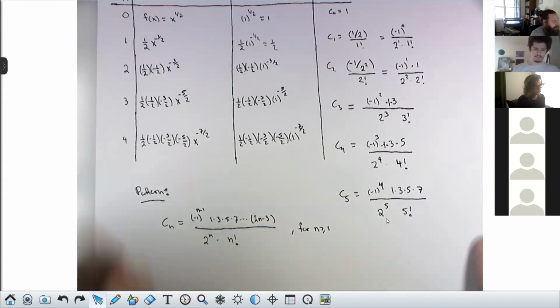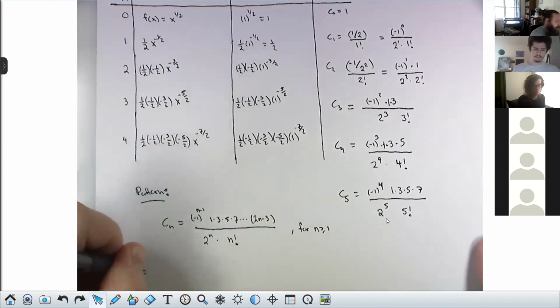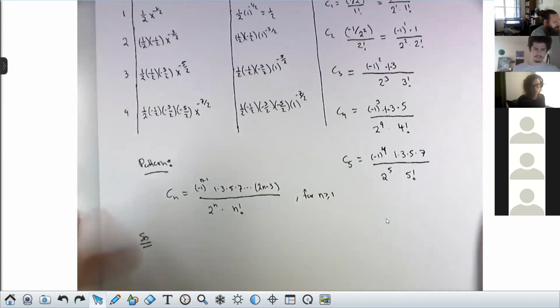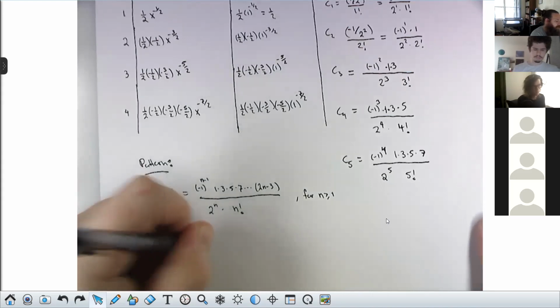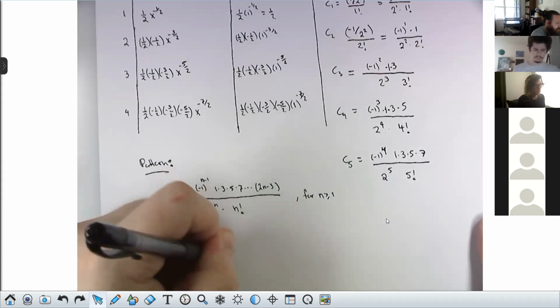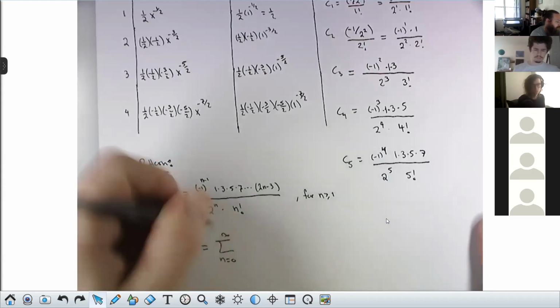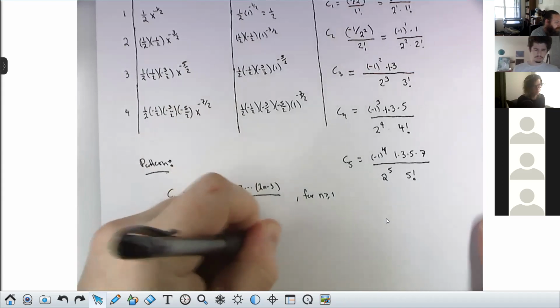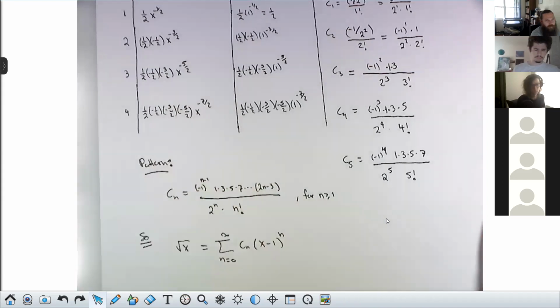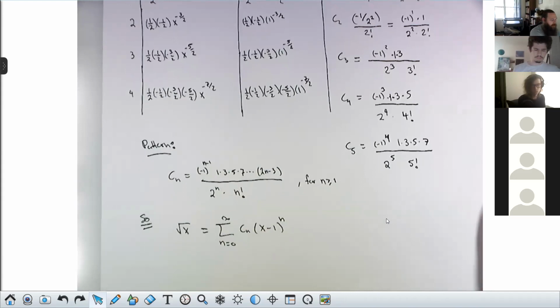So f of x, my square root of x, should be equal to sigma n from 0 to infinity Cn times, remember my center here is 1, x minus 1 to the n, where Cn is this thing.